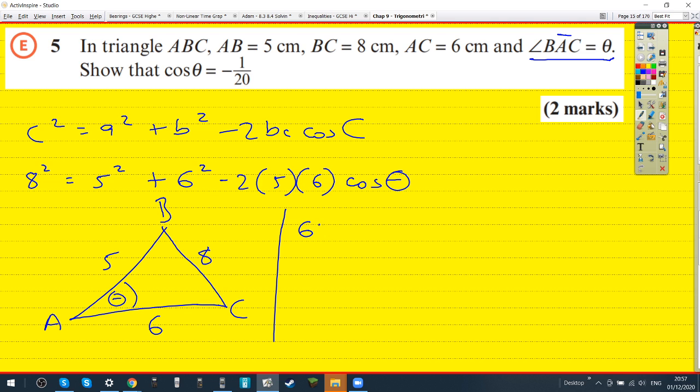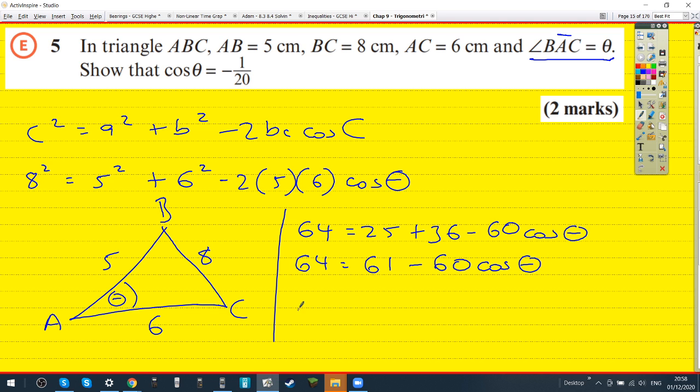So 25 plus 36 minus 60 cos theta. 60 is being multiplied by cos theta, so you can't add or subtract yet. Okay. So 64 equals 61 minus 60 cos theta. Yep.